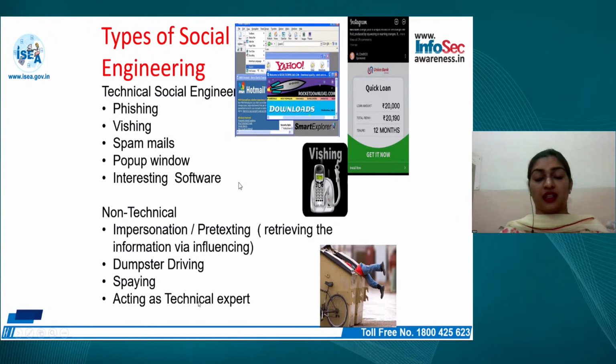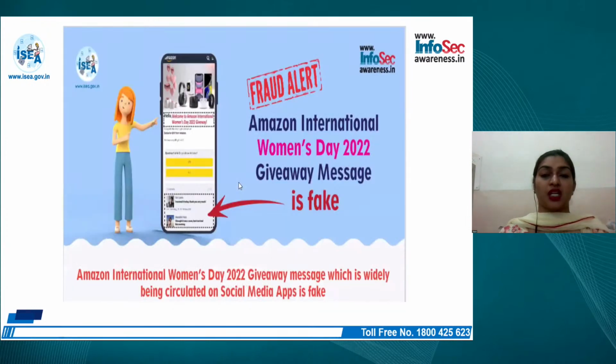Now they act like they will provide you many things and they know many things, but in actual they want you to reveal your sensitive information. Like this is another example wherein Amazon International Women's Day is celebrated in 2022, and this is a giveaway message shown on the mobile phone, wherein you can see that this is a fraud alert.